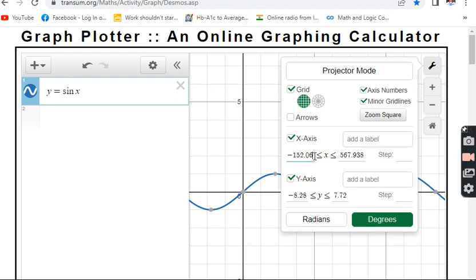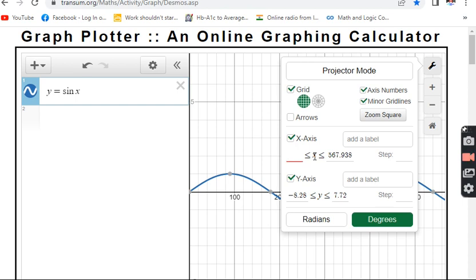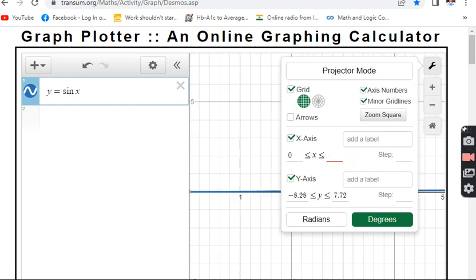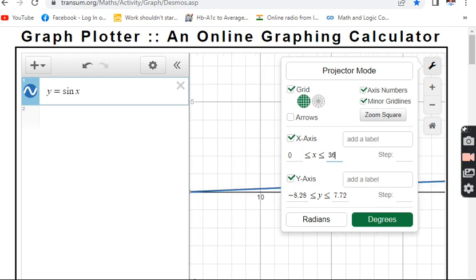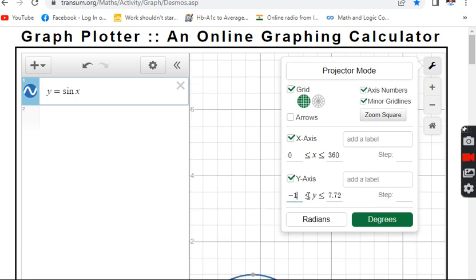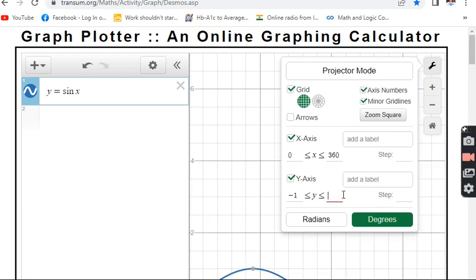X is from 0 to 360 degree, and y is from minus 1 to plus 1.